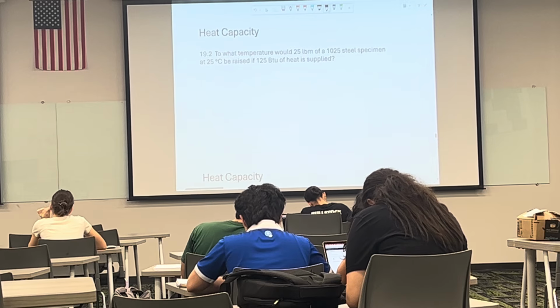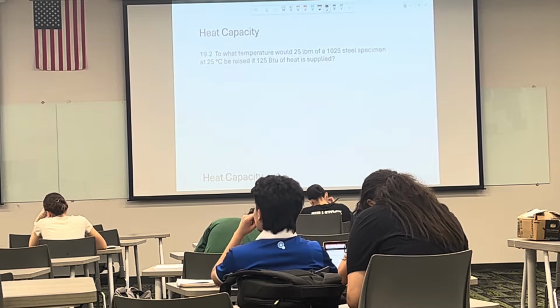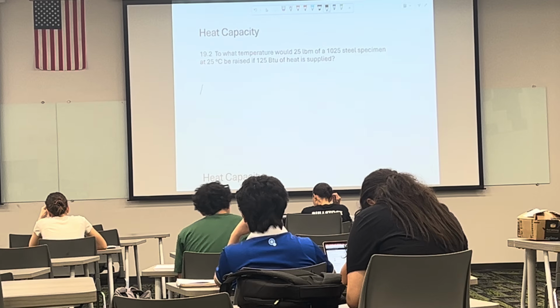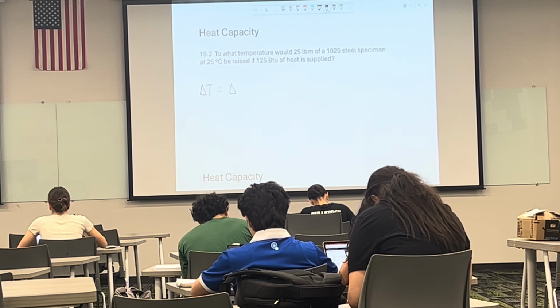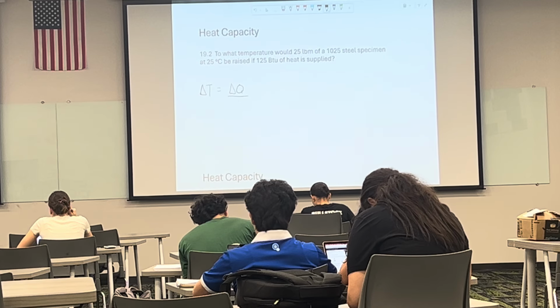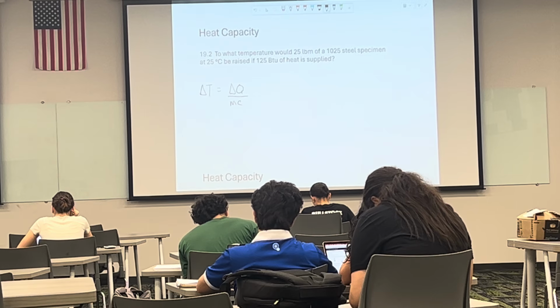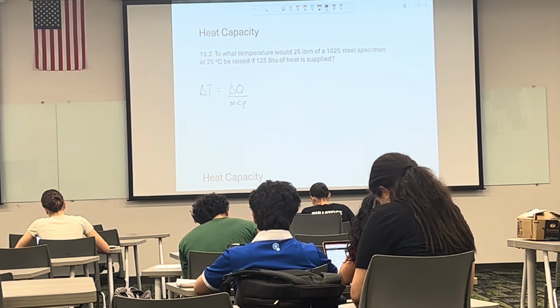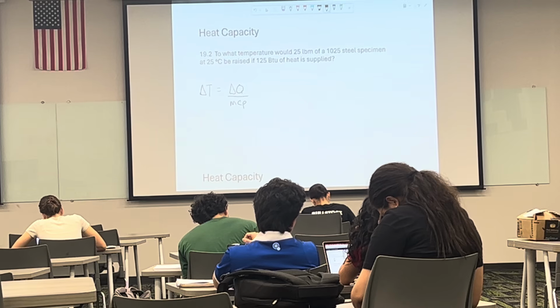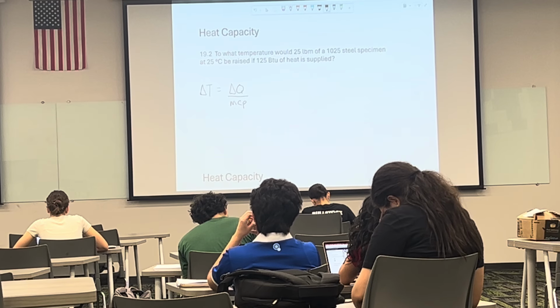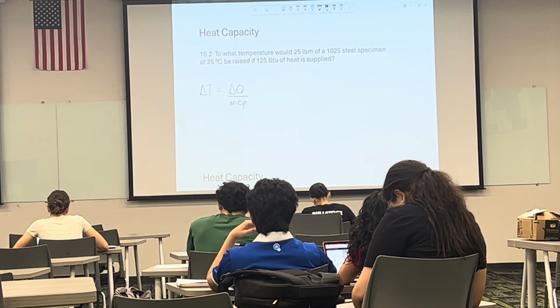This is basically a modified equation from your text: the change in temperature is equal to the change in the amount of heat supplied divided by the mass multiplied by Cp.